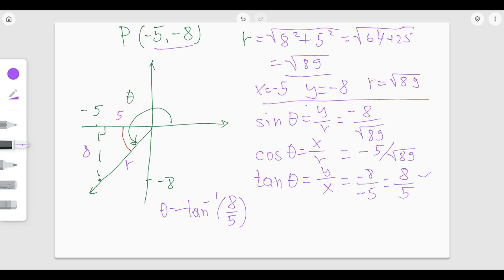Right, so input it into your calculator. And the value which you will get is going to be 58 degrees.